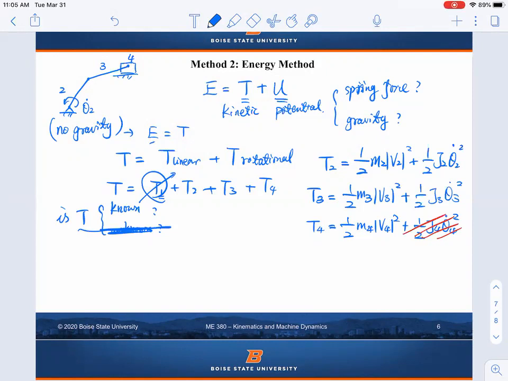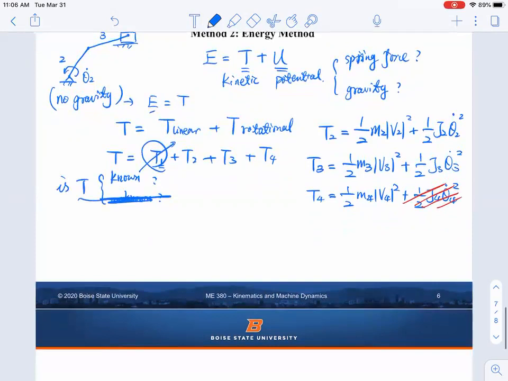So if T is known, that means your total energy of the system is known. According to the energy conservation law, if this system is not doing any work, the total energy of the system should maintain the same as always. The only way you can change the total energy E is by doing work to the system, right?